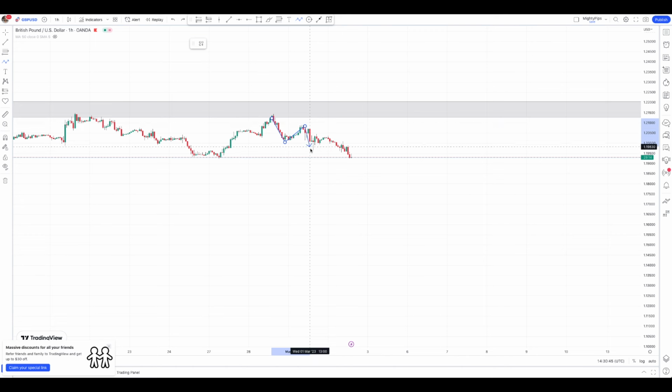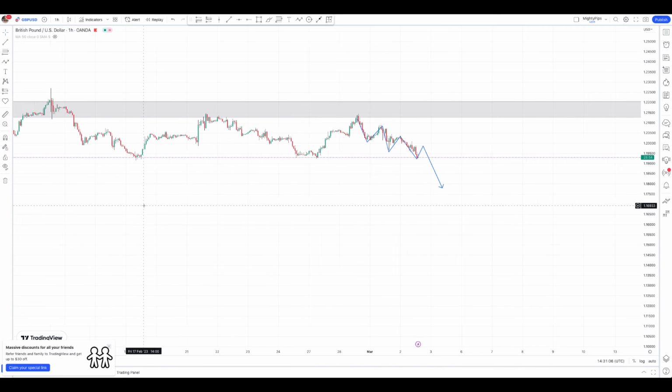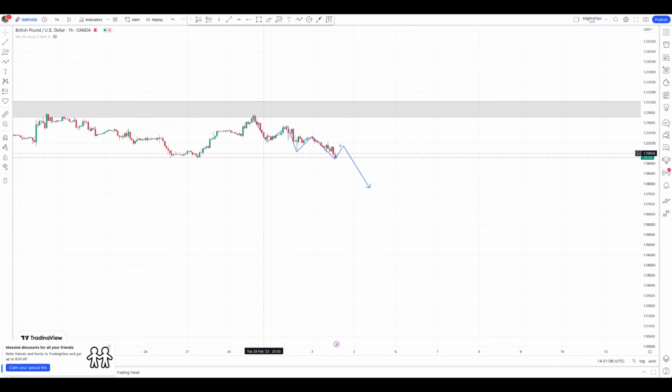Okay, lower lows, lower highs, lower lows, lower lows. We are expecting the market to retrace a bit and then it will make a continuation lower. Okay, so this is the directional bias for GBP USD, even on the 1 hour chart, after you've made confirmation on the higher time frame. This is what you do.